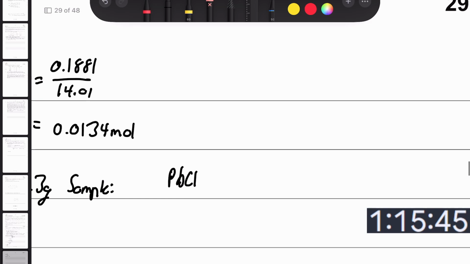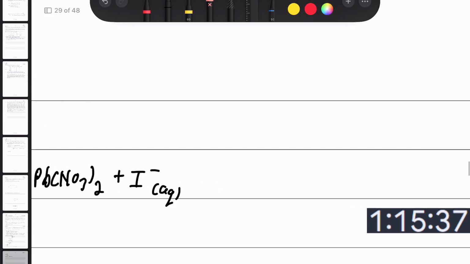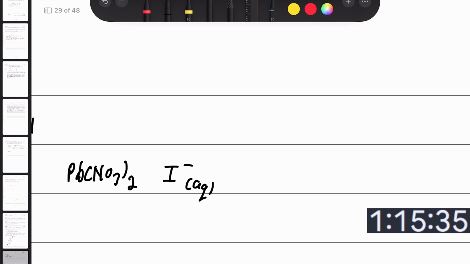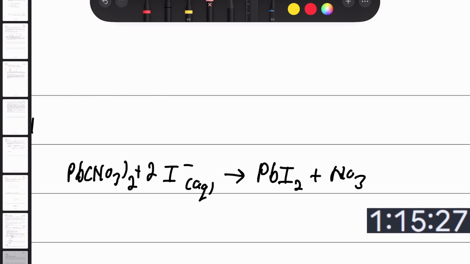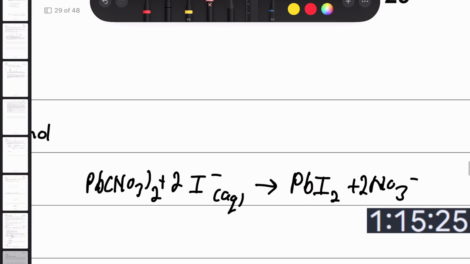So I'm going to have Pb2+ and iodide minus, and I'm going to need 2 of these. So that's going to equal PbI2 plus NO3 minus, 2 of them.